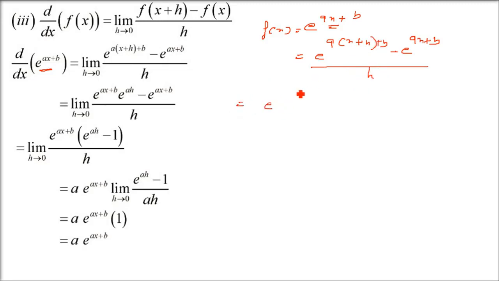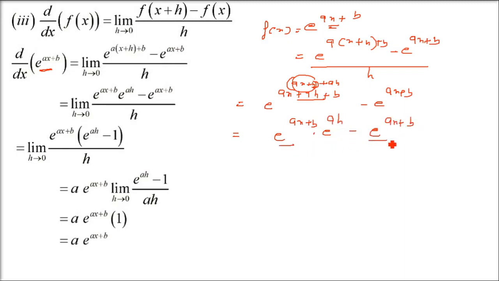What do you get? e raised to ax plus b plus ah, and minus e raised to ax plus b. You can write it like this just to make it equivalent to the other one. Now this can be written as e raised to ax plus b times e raised to ah, minus e raised to ax plus b.